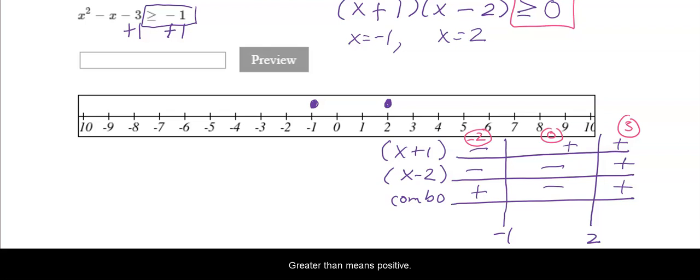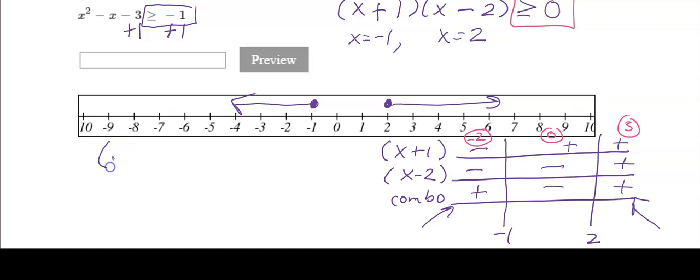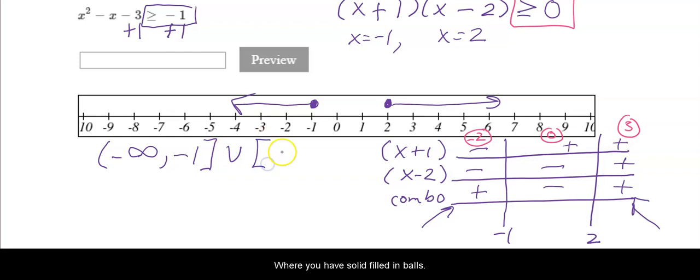Greater than means positive. That's far left and far right. I move off to the far right and off to the far left. In interval notation, it mimics the number line form of the solution. And remember to use square brackets where you have solid filled in balls.